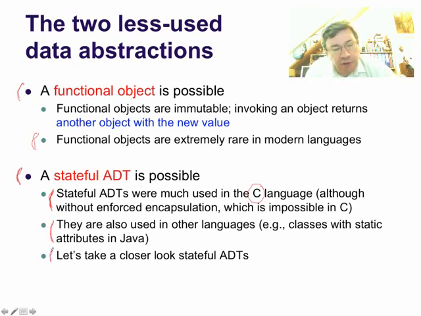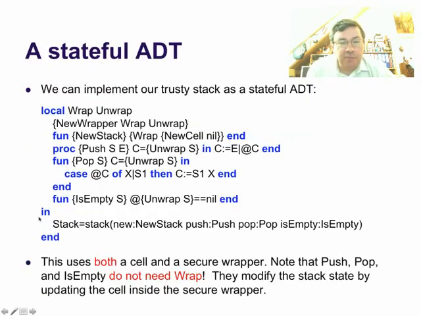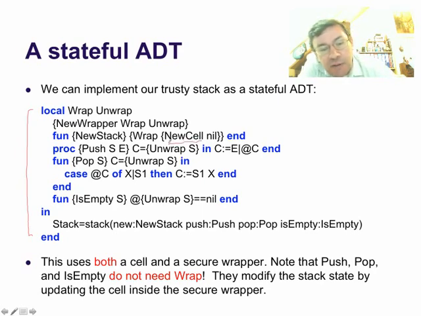Let's take a closer look at them, because in fact stateful abstract data types are fairly interesting. Here's our trusty stack, which we've already implemented as an abstract data type and as an object. Here is the stack implemented as a stateful abstract data type. Now this is interesting. This uses both a cell and a secure wrapper. Notice when we do a new stack, we first create a cell with nil, and then we wrap it.